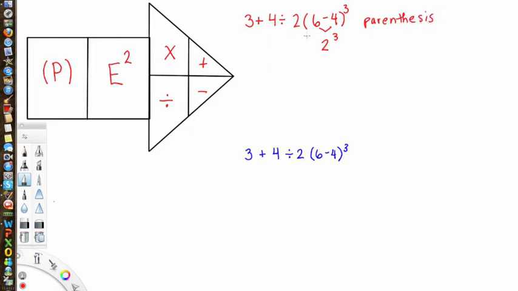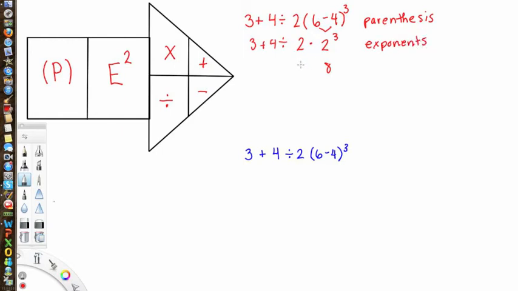Okay, we did parentheses first. We bring down the rest of our mathematical information. According to order of operations, exponents come next, and we do have an exponent, 2 to the third power. 2 times 2 times 2 is 8. So we took care of exponents.